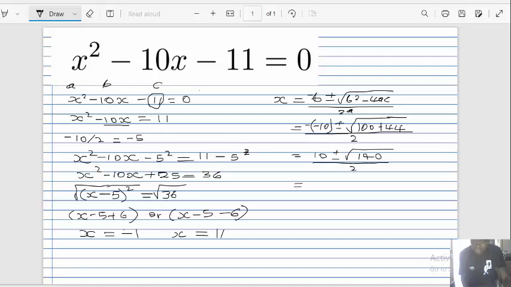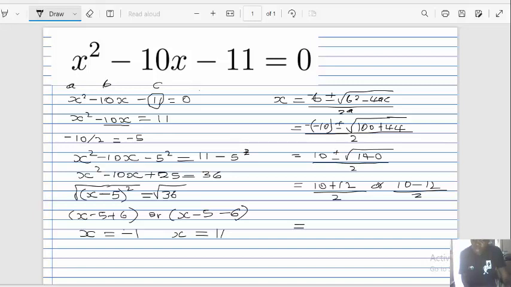It's getting hot now. So the square root of 144 is 12. So on the one side, I can have my 10 plus 12 divided by 2, or I can have 10 minus 12 divided by 2. It works out nicely, as you can see.